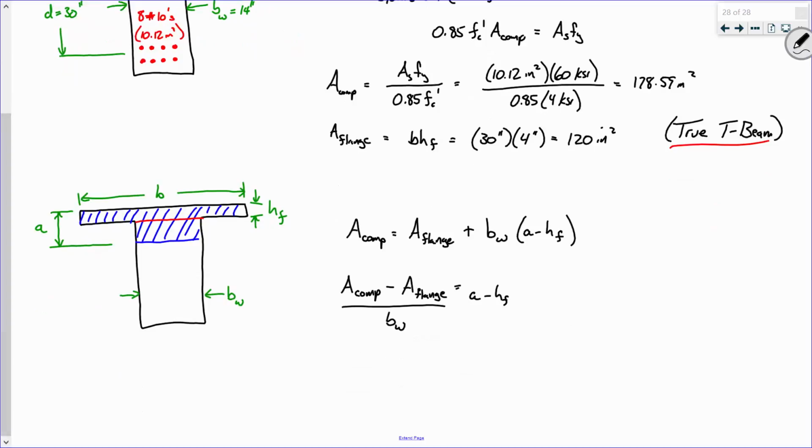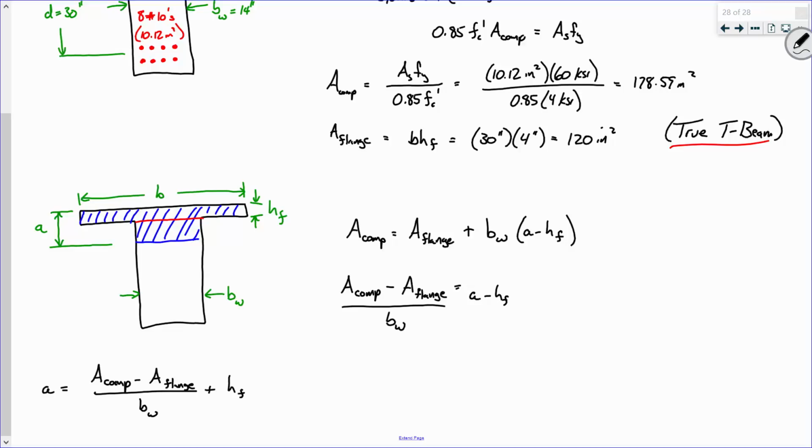So I propose that a equals the area in compression minus the area in the flange, divided by b_w, plus h_f. Not too bad, right? Simple. Okay?